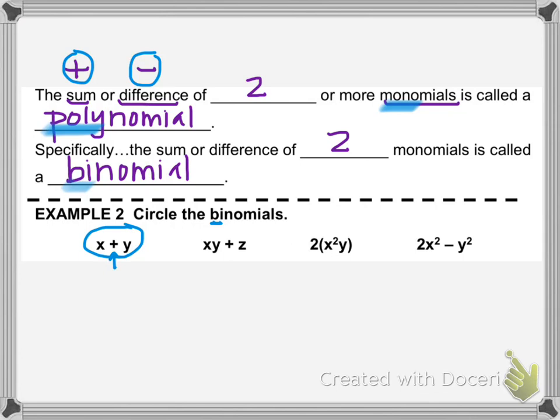There's a plus that connects them, so that is also a binomial. There are two monomials. The next expression has no pluses or minuses. So this is considered one term. The 2 times the x squared times the y, it's all being multiplied together. It is a monomial, not a binomial. And then in the last expression, 2x squared is one of the monomials, y squared is the other monomial, and then the minus separates them, so there are 1, 2 monomials, so this is also a binomial.